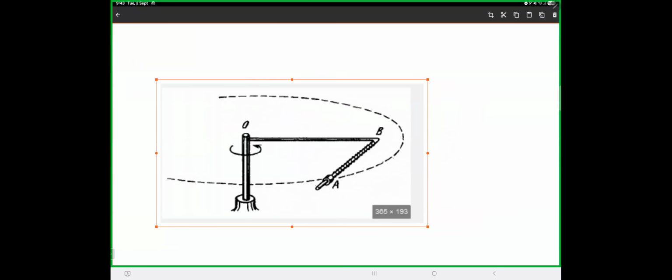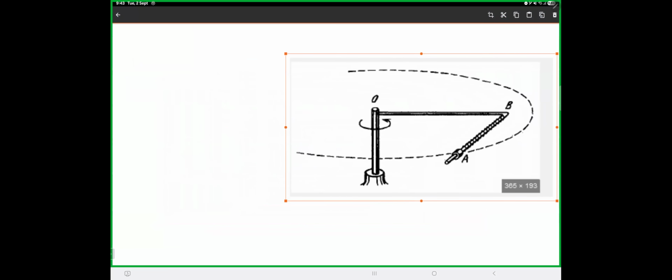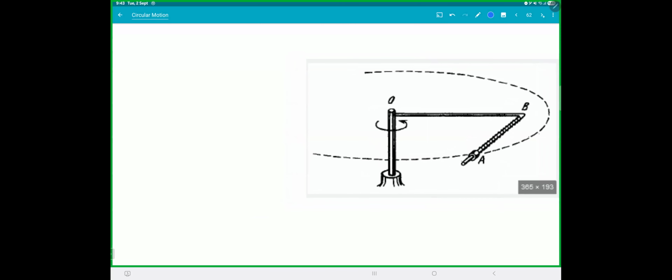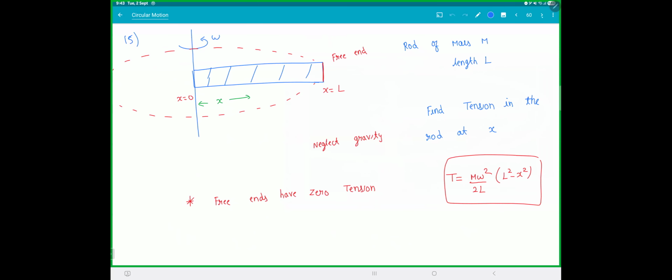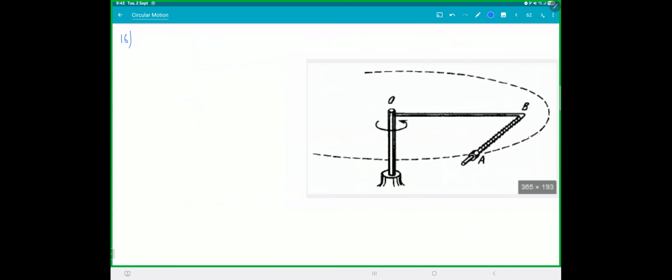Let's see the next one. So we got a rod here. So the picture would look like this. So we got an L-shaped rod.